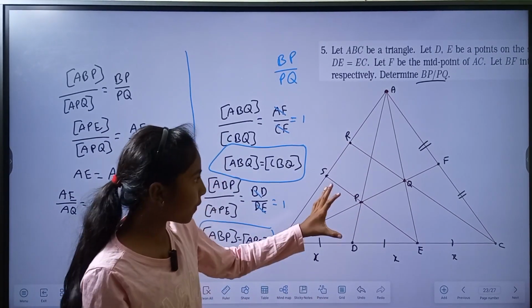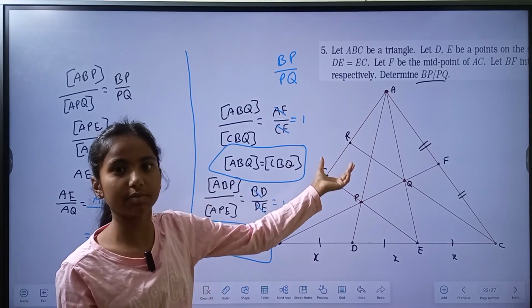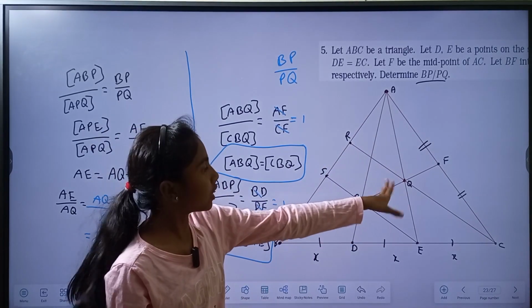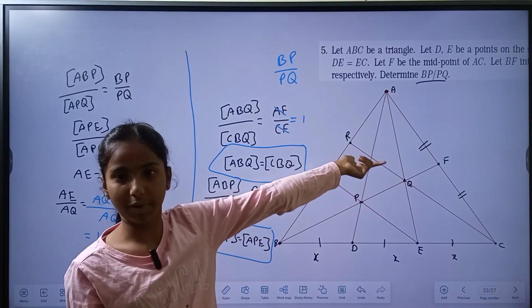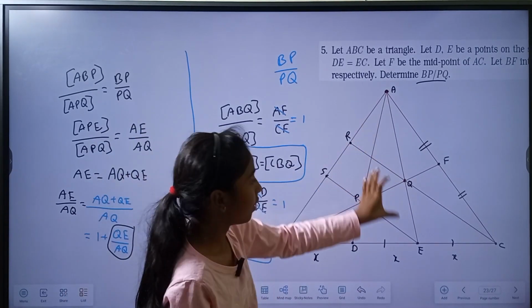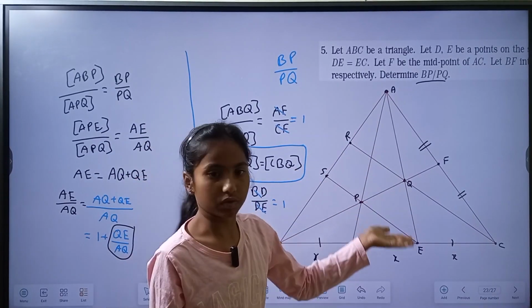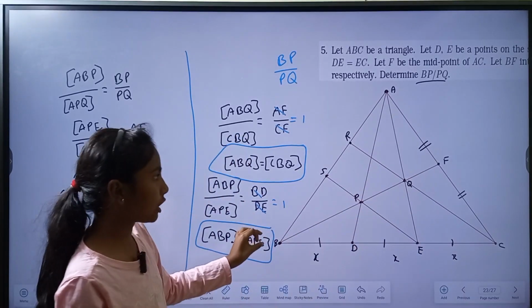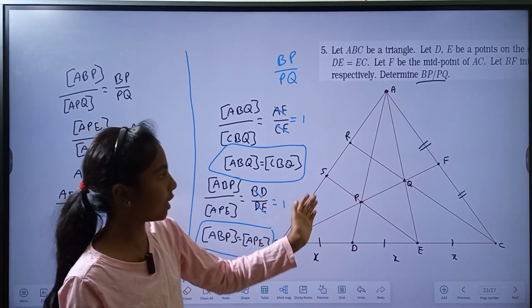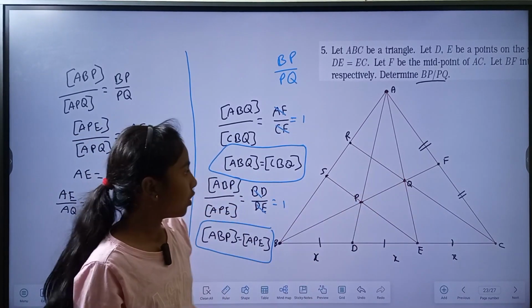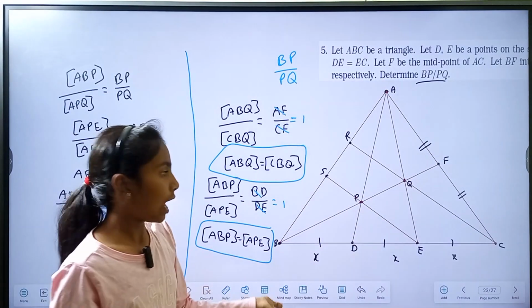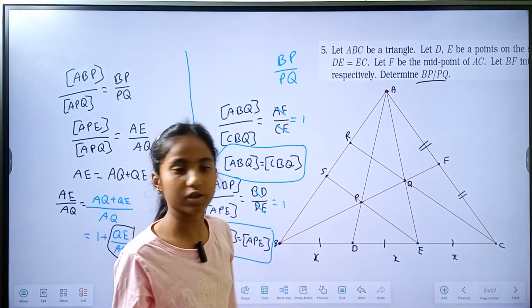Let us find some triangles with these sides, because these both lie on the same line. So we have AQ and QE, triangles ABQ and BQE. B is the common vertex, so B lies on the parallel line opposite to these bases. So the perpendicular distance is equal, and the altitudes' lengths are also equal.